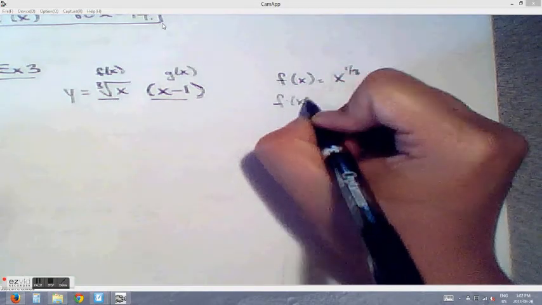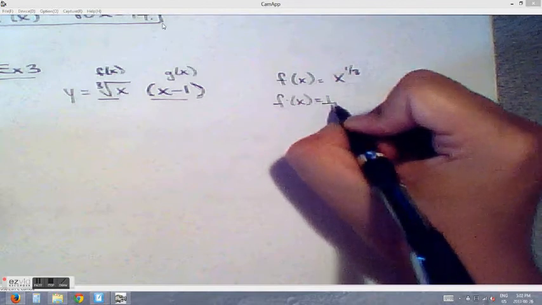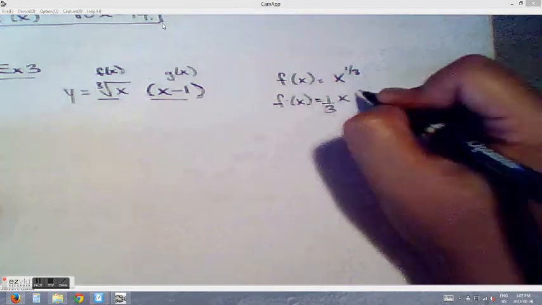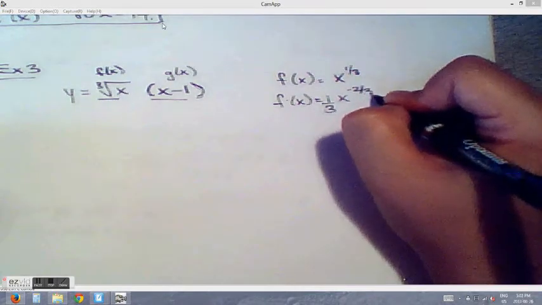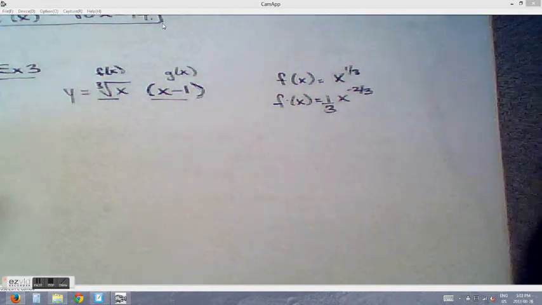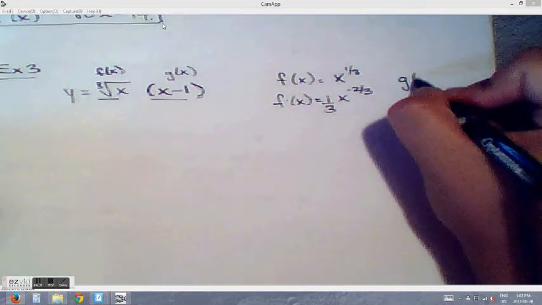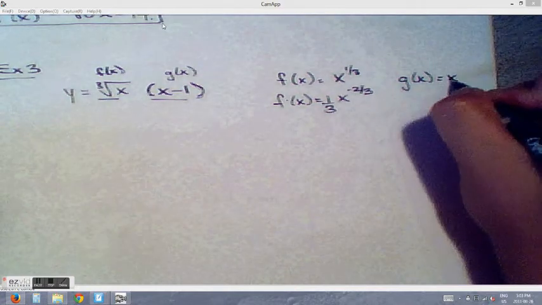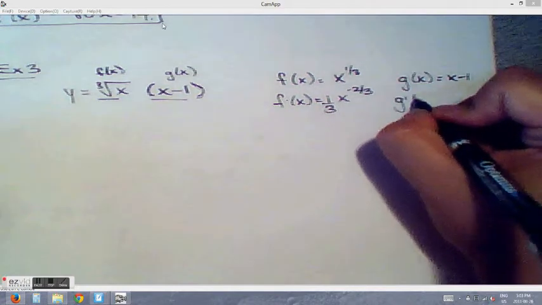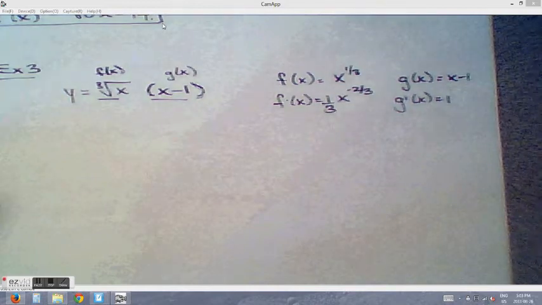f prime at x then is equal to 1 over 3 x to the negative 2 over 3. Remember, it's 1 over 3 minus 1. g at x is equal to x minus 1. g prime at x is equal to just 1.